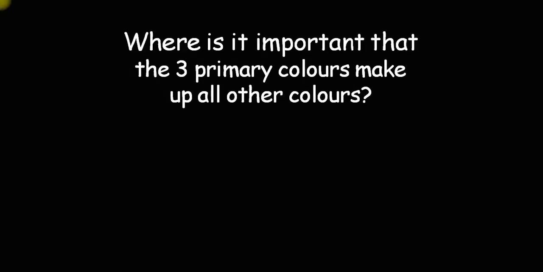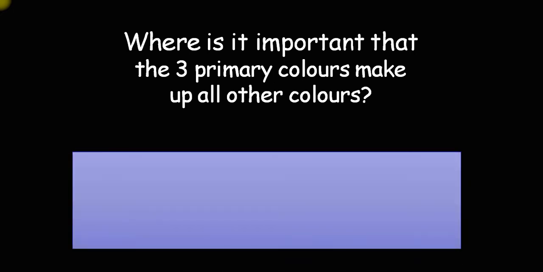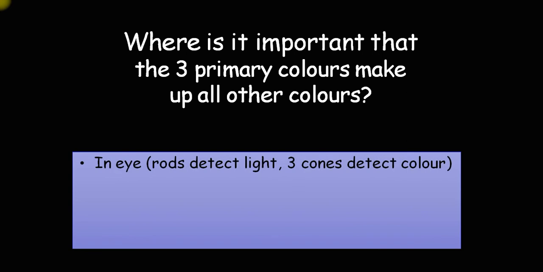Okay, why is it important, or where is it important that the three primary colors make up all of the colors in a color television, or in the eyes, or in inkjet printers?